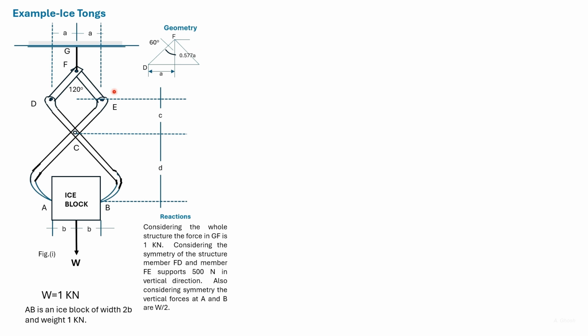Due to the symmetrical nature of the tongue, DFE is an isosceles triangle. A perpendicular drop from F will bisect DE. Since this angle is 120 degrees, the angle made by this perpendicular with DF will be 60 degrees.